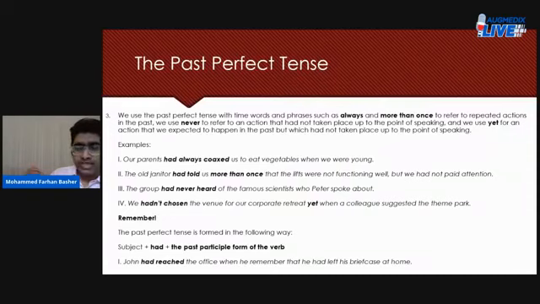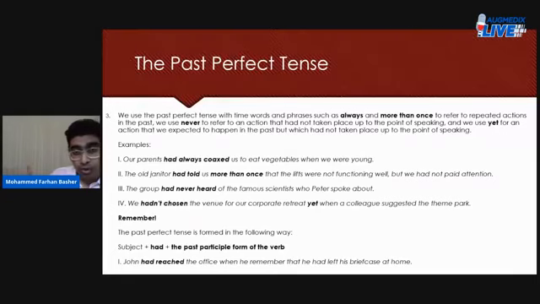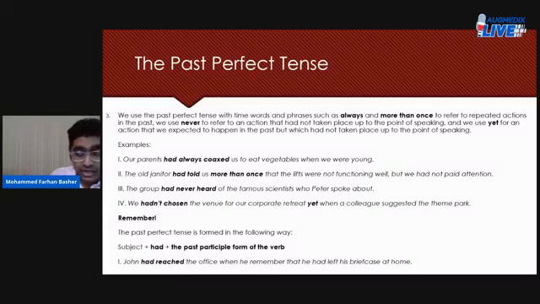Similarly, with more than once, using such adverbs or time phrases to refer to repeated actions that used to take place in the past and no longer take place. Number two, the old janitor had told us more than once that the lifts were not functioning well, but we had not paid attention.